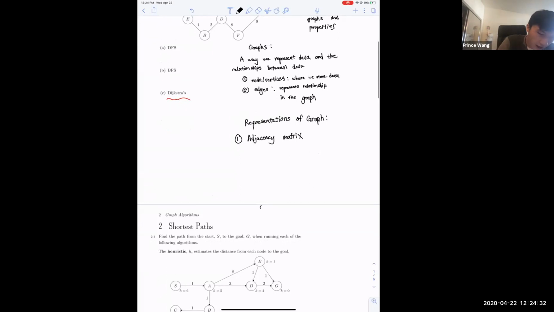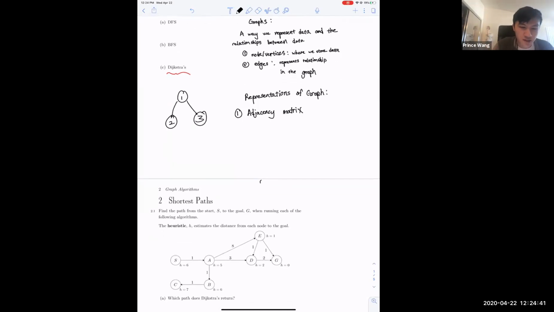So suppose I have a toy graph that has two edges and three vertices, right? An adjacency matrix is where the column and row labels are the names of the vertices. So something like this: 1, 2, 3.